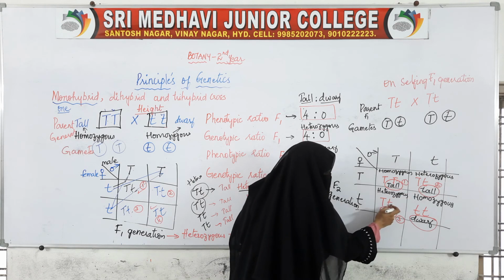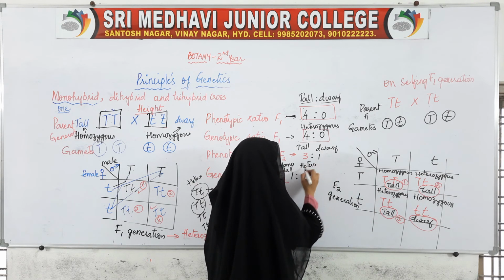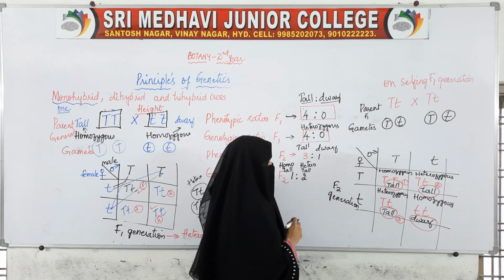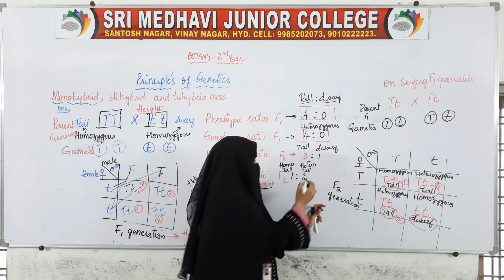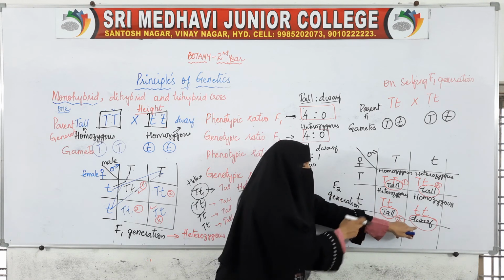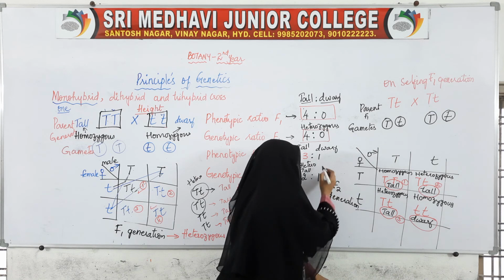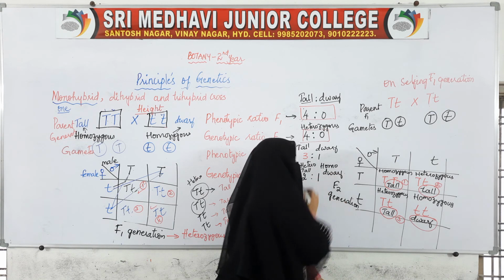How many heterozygous? 2. 2 heterozygous tall we have. Then we have one homozygous, but it is not tall, it is dwarf, homozygous dwarf.